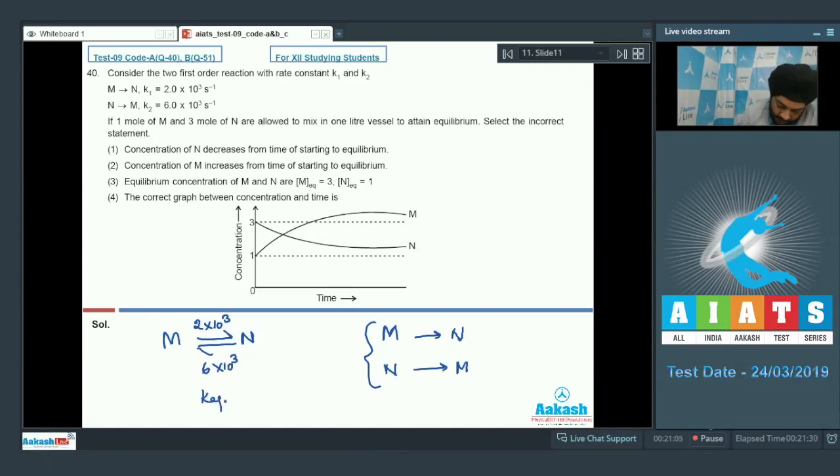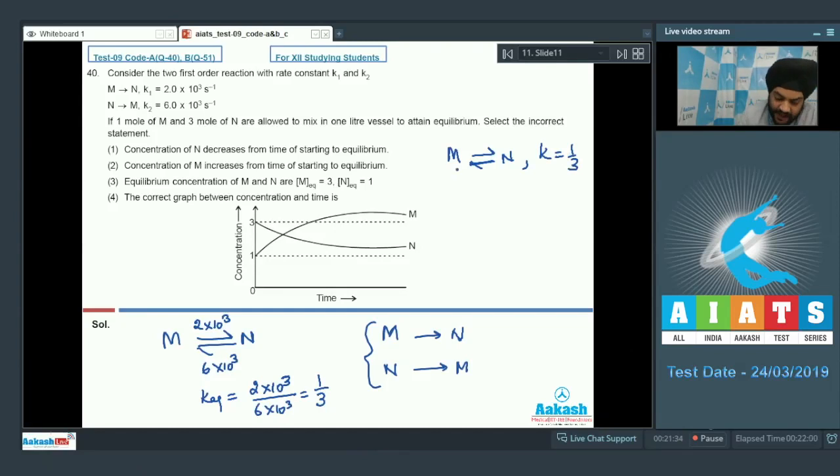Okay, so we can have the K equilibrium value which is given by Kf by Kb, which gives us a value of 1 by 3.